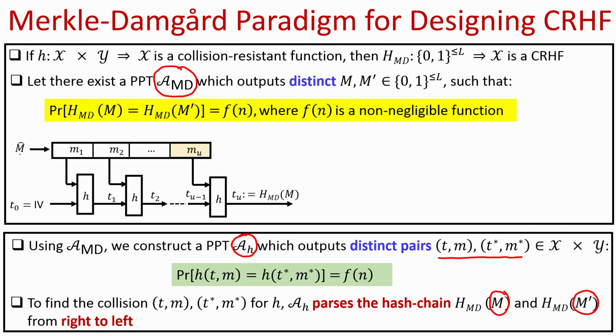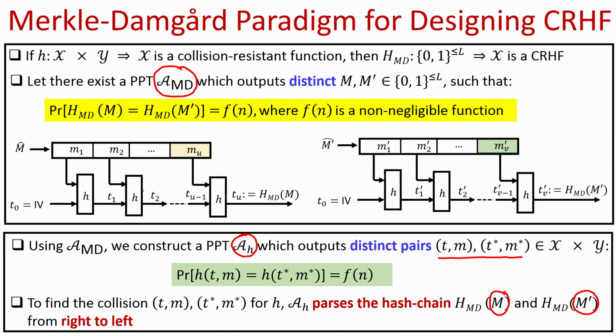The message m would have been first converted into an encoded input, and then we would have applied the function little h iteratively, and in the same way to compute the value of the function h sub MD on the message m dash, we would have applied the function little h iteratively as this. We would have first converted the input m dash into an encoded input, and then we would have applied the function h iteratively and would have obtained the hash value on the message m dash.